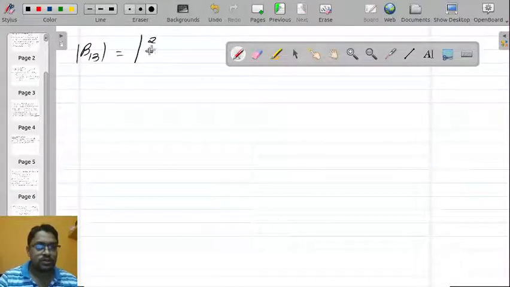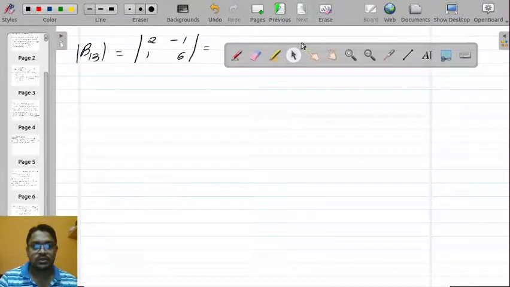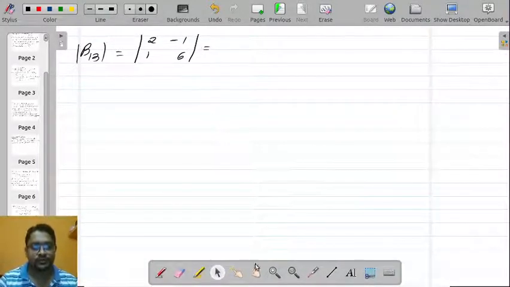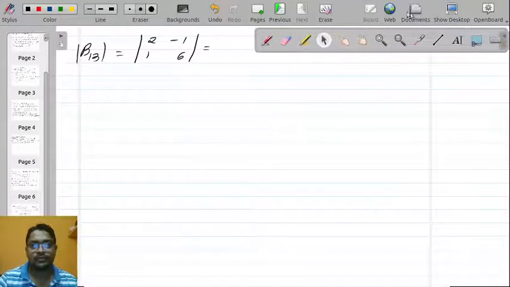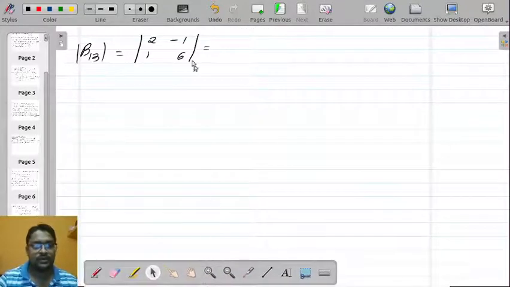If you compute this, it comes out to be 12 plus 1, so this is 13, which is non-zero.